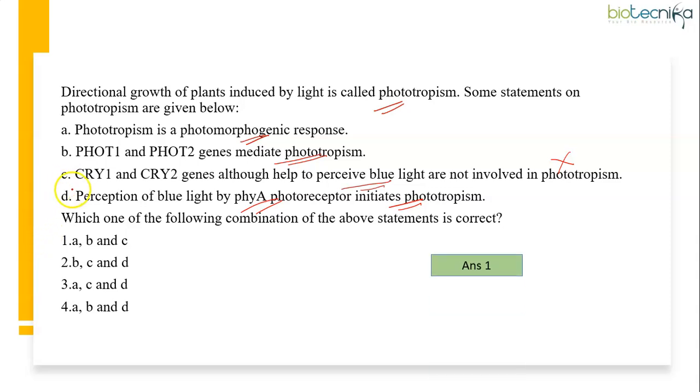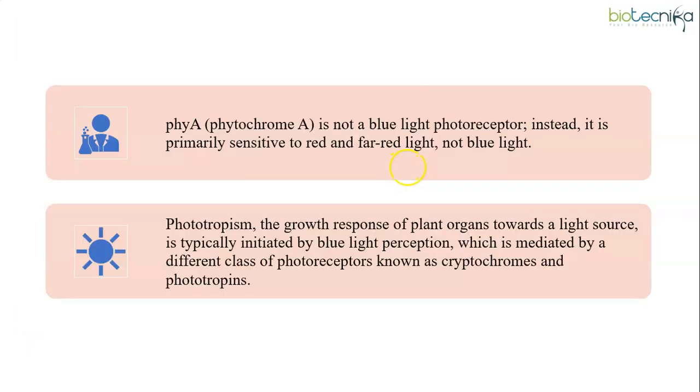So except for statement D, the rest of the statements are correct. Why is statement D incorrect? See, perception of blue light by phytochrome A photoreceptor initiates phototropism. Let's check why the statement is incorrect. Always remember, phytochrome A is not a blue light receptor.